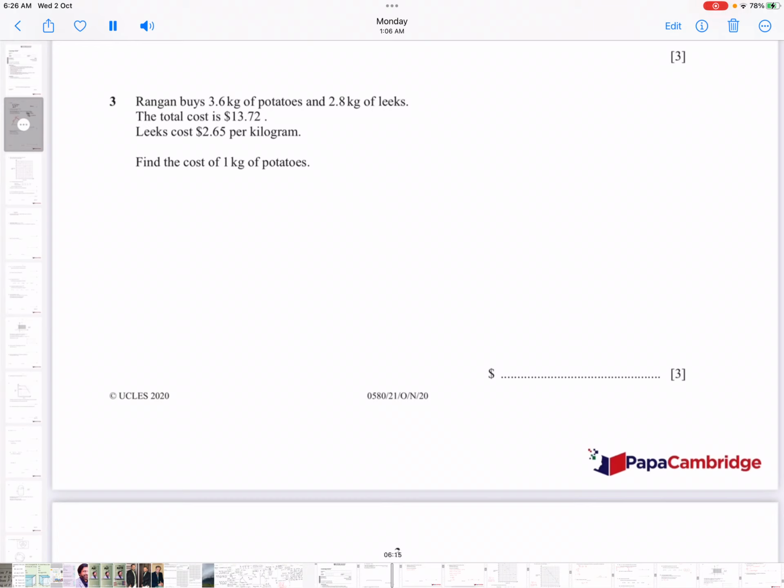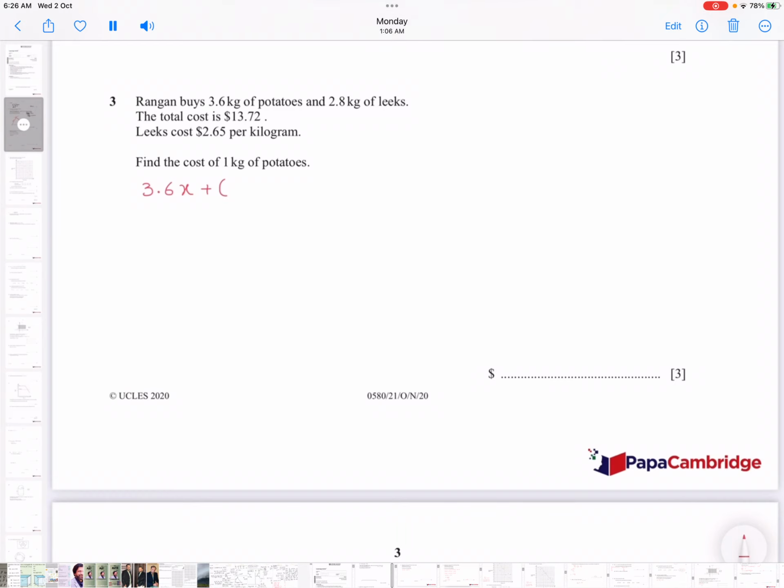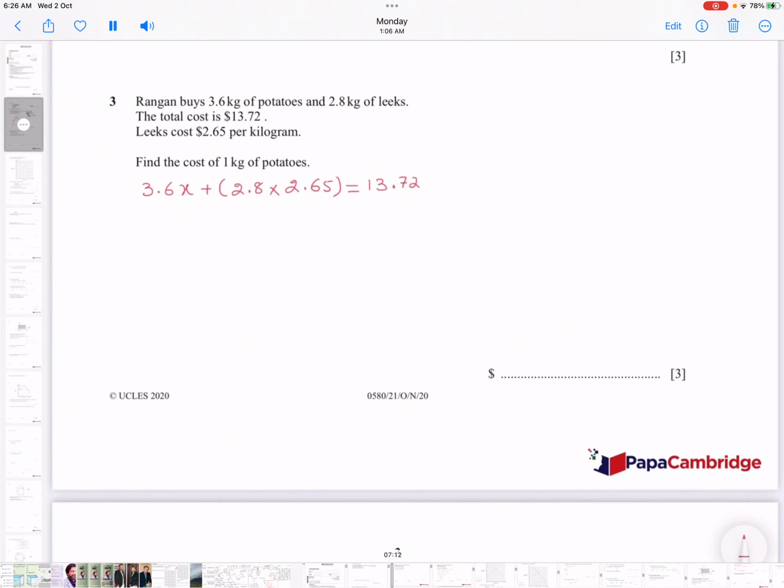Question number 3. Rangan buys 3.6 kg of potatoes and 2.8 kg of leeks. Total cost is $13.72. Leeks cost $2.65 per kilogram. Find the cost of 1 kg of potatoes. So your equation is 3.6 multiplied by x plus 2.8 multiplied by 2.65, and that is equal to 13.72.